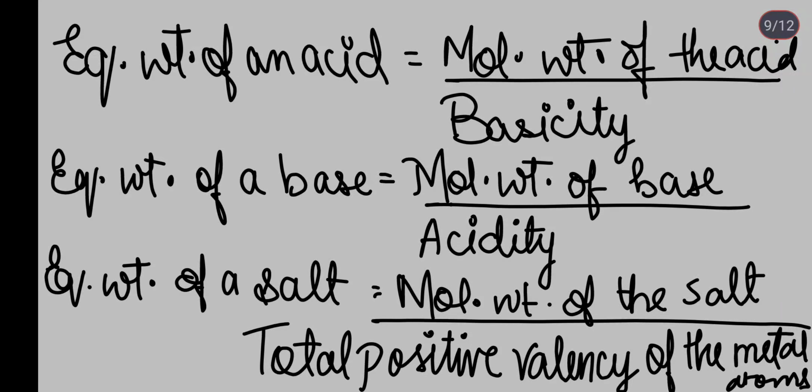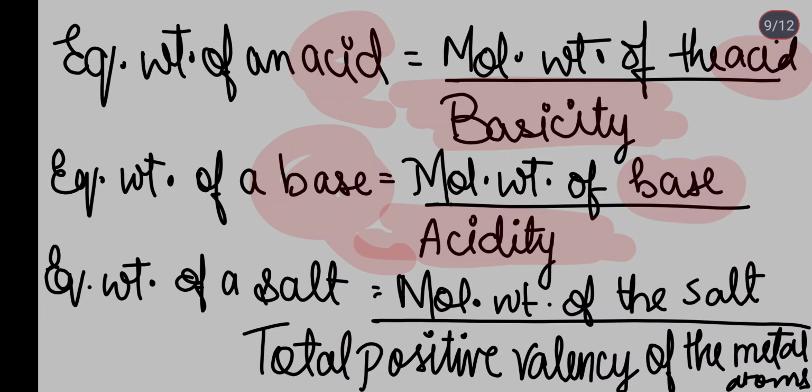The only difference is in the base: for an acid you have basicity, for a base you have acidity, so they are just the reverse of each other. That's the trick to remember the formula. The equivalent weight of a base is the molecular weight of the base upon acidity.